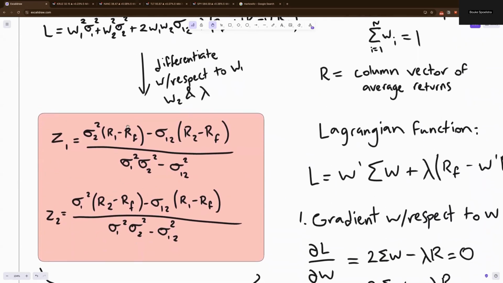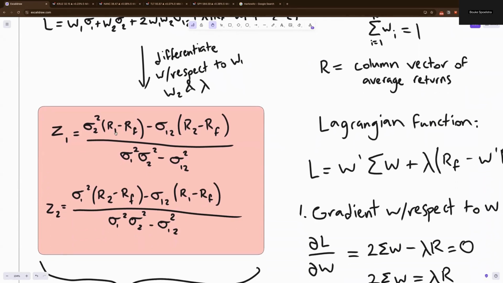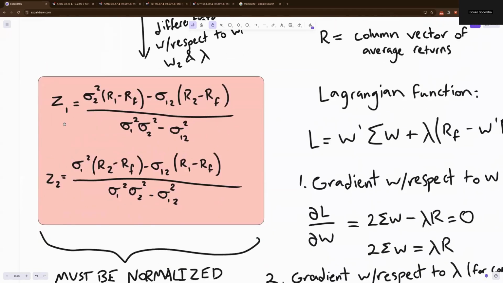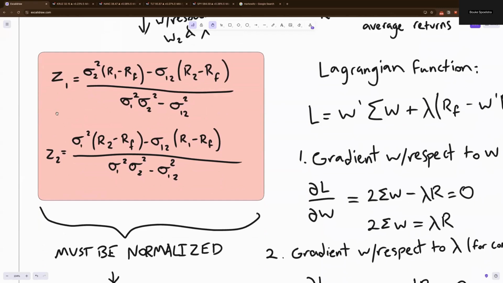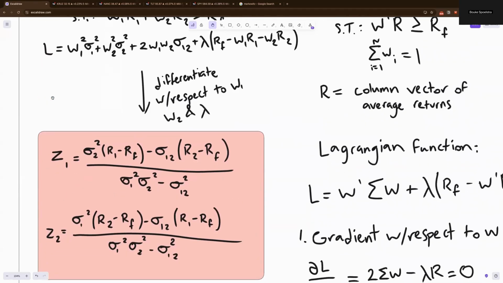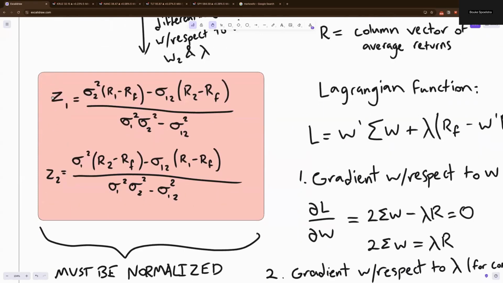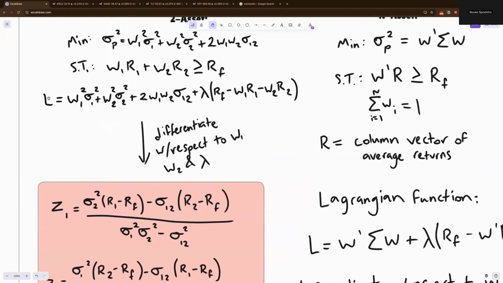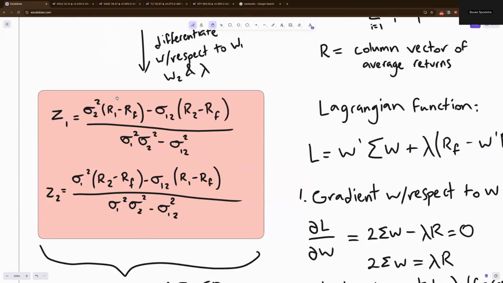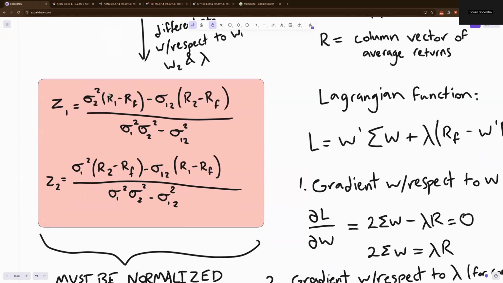Now differentiating with respect to the first weight, the second weight, and the Lagrangian multiplier, essentially you get these equations when you solve.